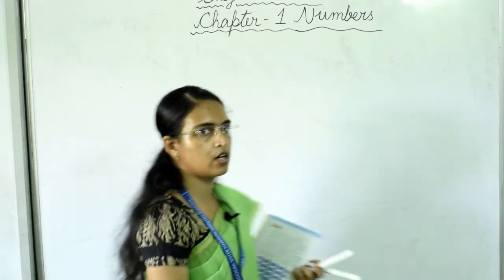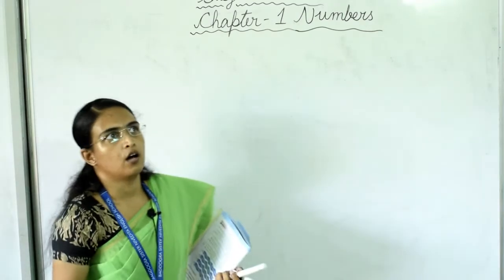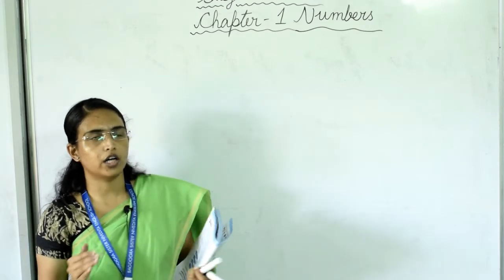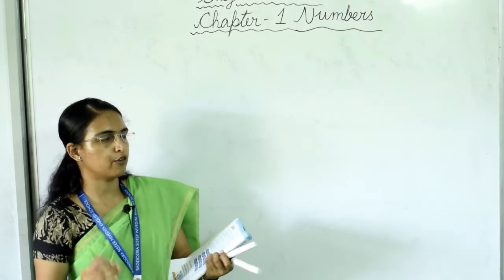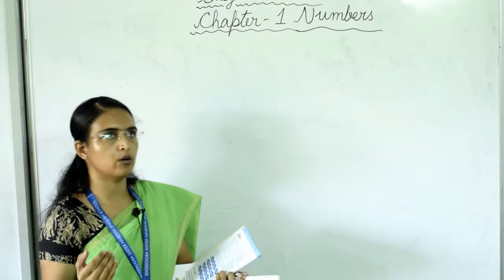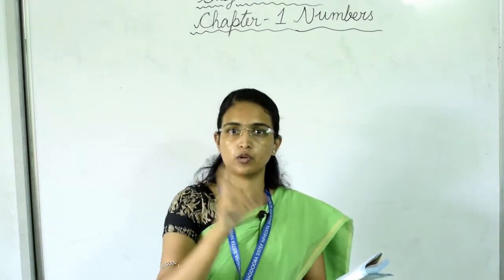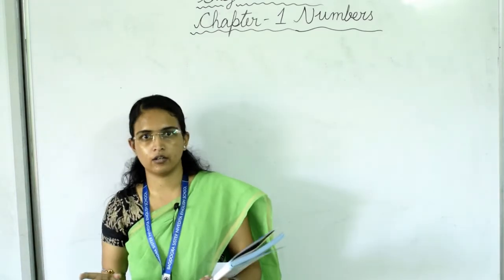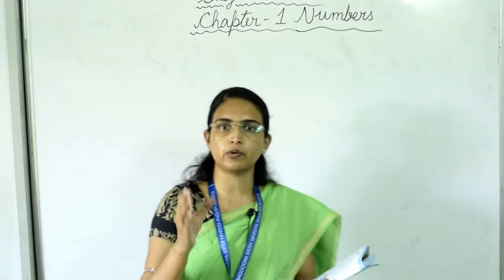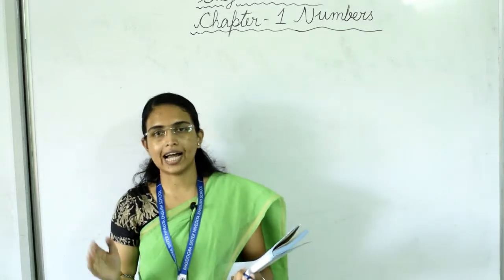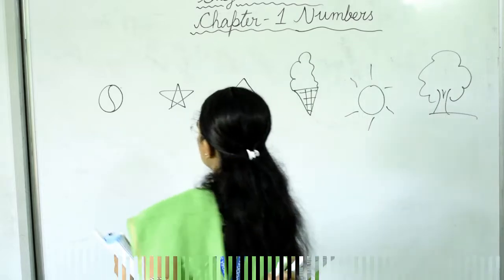Ordinal number means the number from which we will know about the position of a thing. Okay, when we know the position of a thing, that is called an ordinal number. So what is this?